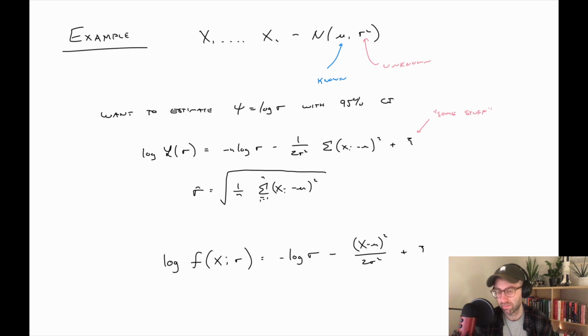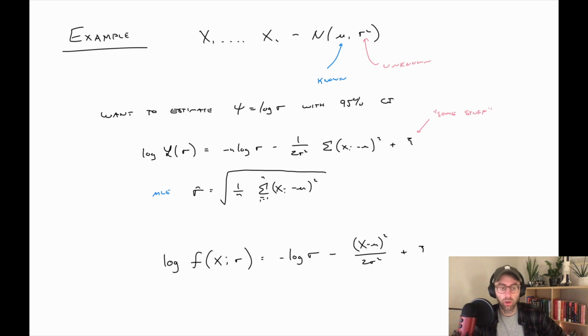It's in the some stuff. And we put it in some stuff because when we take the derivative and do all that, it's going to go away, so we don't really care about it. Anyway, long story short, if we went through all that procedure, this would be the MLE for sigma. And we're trying to estimate psi here.